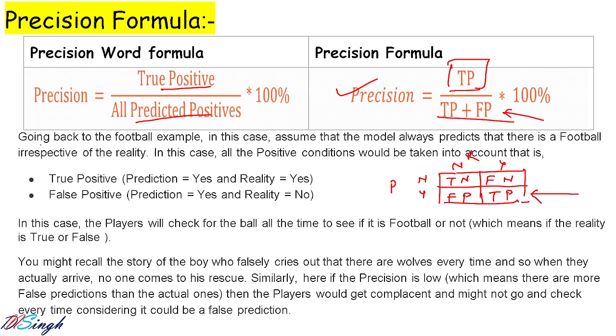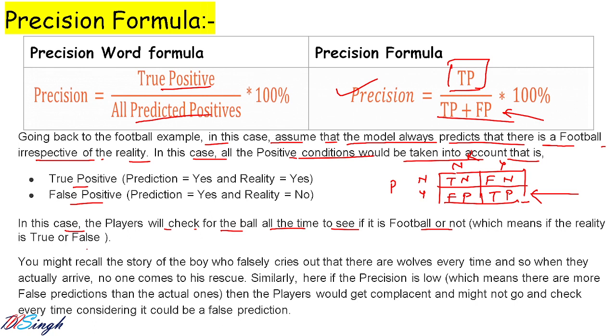Okay, going back to the football example, in that case, assume that the model always predicts there is a football irrespective of the reality. In that case, positive condition would be taken into account, true positive and false positive. In this case, player will check the ball all the time if it is a football or not, regardless of the reality.